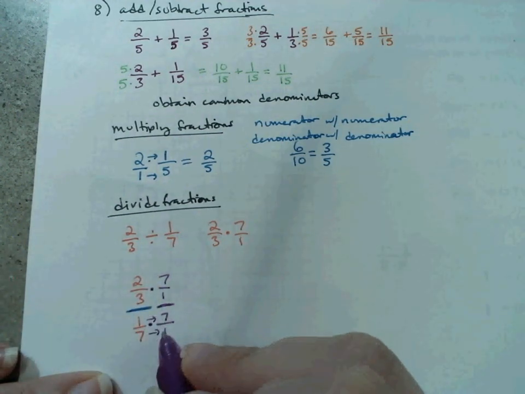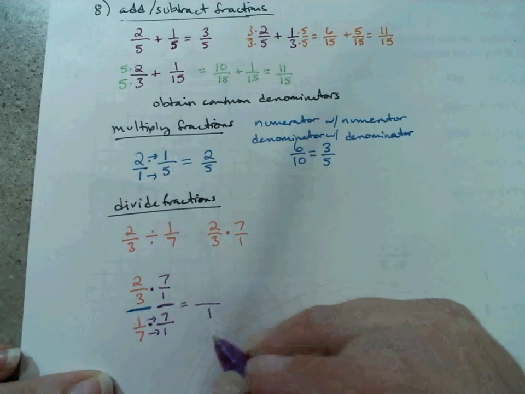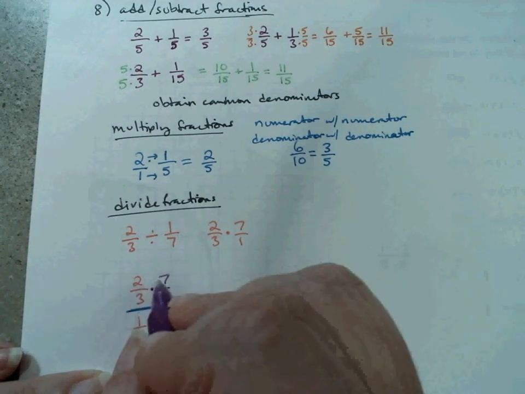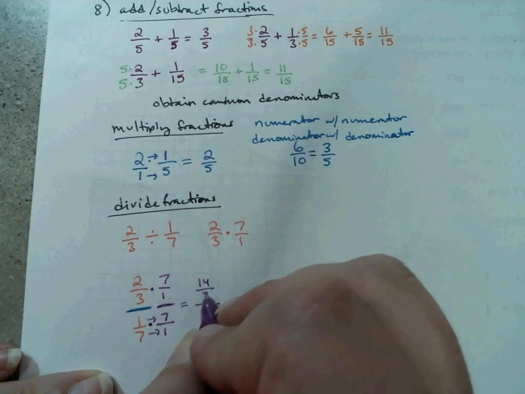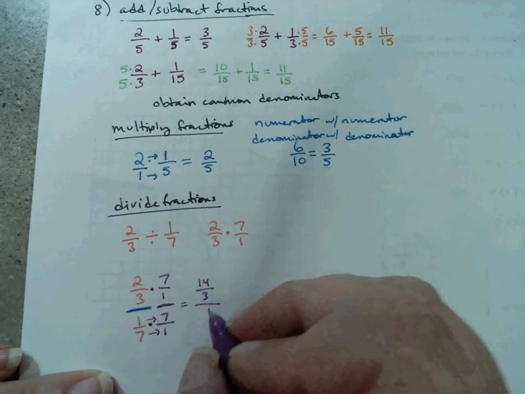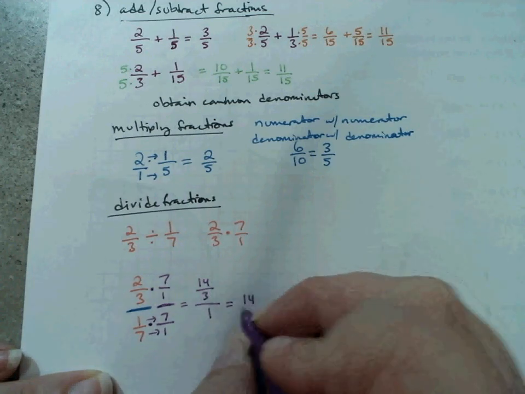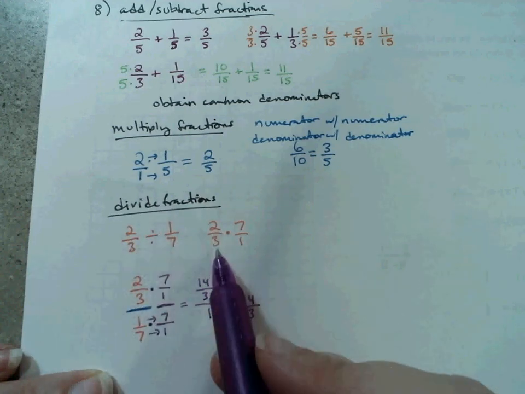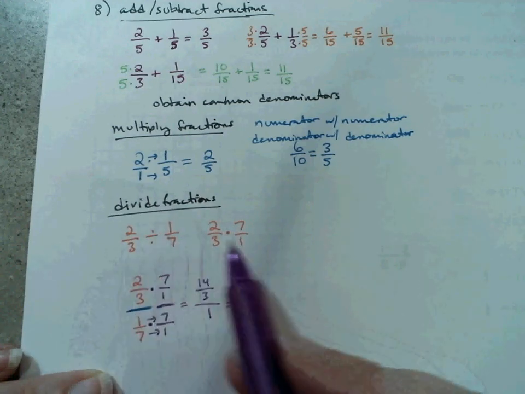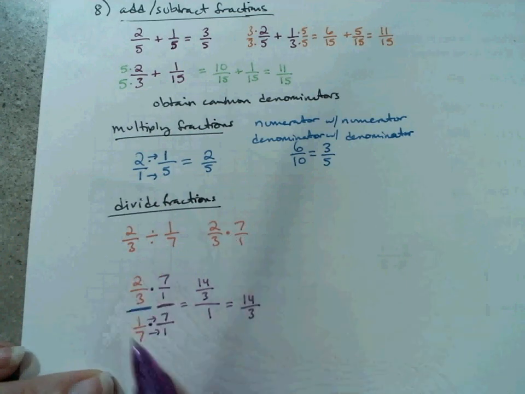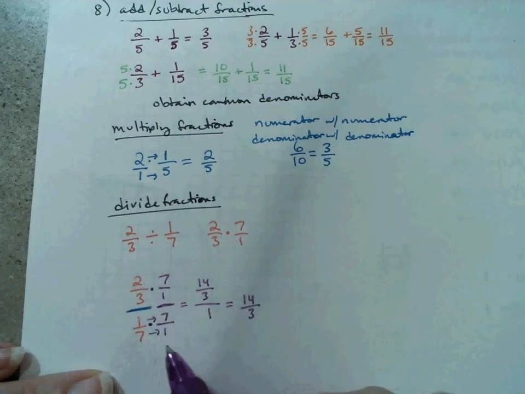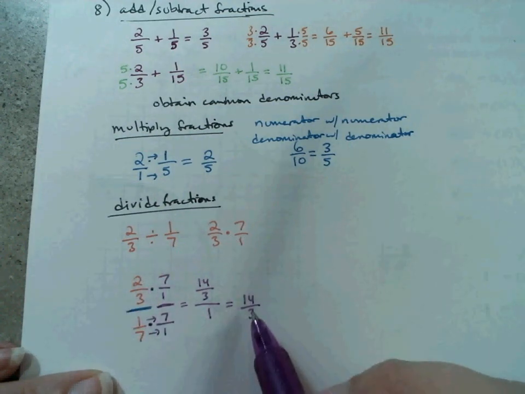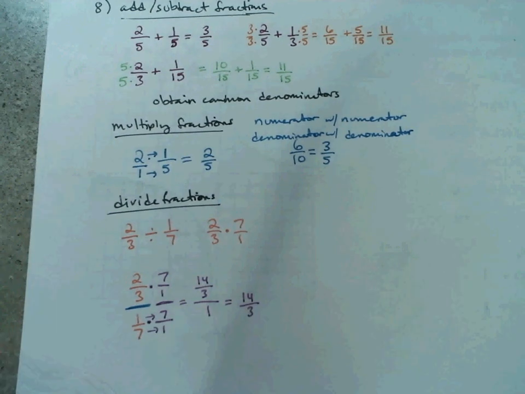In the denominator, if you multiply straight across, you get 7 over 7, which is 1. And in the numerator, I get 14 over 3. Right? When you divide by 1, though, you don't need to write that down. So, in fact, you just get 14/3. So 2/3 divided by 1/7 is the same thing as 2/3 times 7 over 1. And I'm okay with us jumping to that, but we have to understand why, the algebra behind it, okay? So that is, in fact, 14/3.